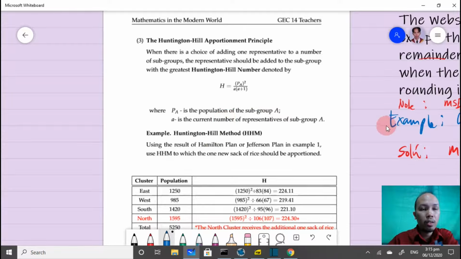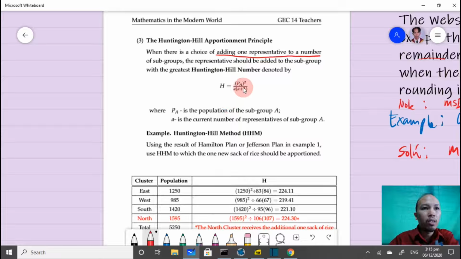Instead of using that, there is a shortcut, which is what we call the Huntington-Hill apportionment principle, and we will use the Huntington-Hill number. This method applies if you are going to add one representative to a number of subgroups, only one. All you have to do is, instead of computing the relative unfairness, compute the Huntington-Hill number.